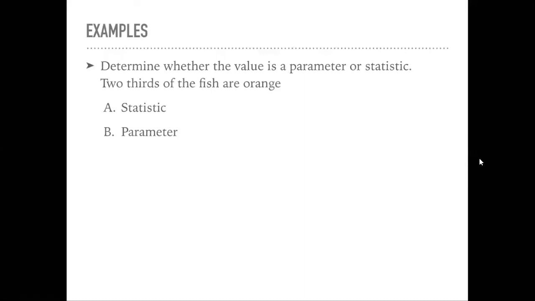And typically when we have statistics given to us, we're going to see words like "in a sample." So for this one, this would be an excellent example of a parameter. 2/3 of the fish, being the whole population, are orange. So our characteristic is 2/3. Population is the fish.